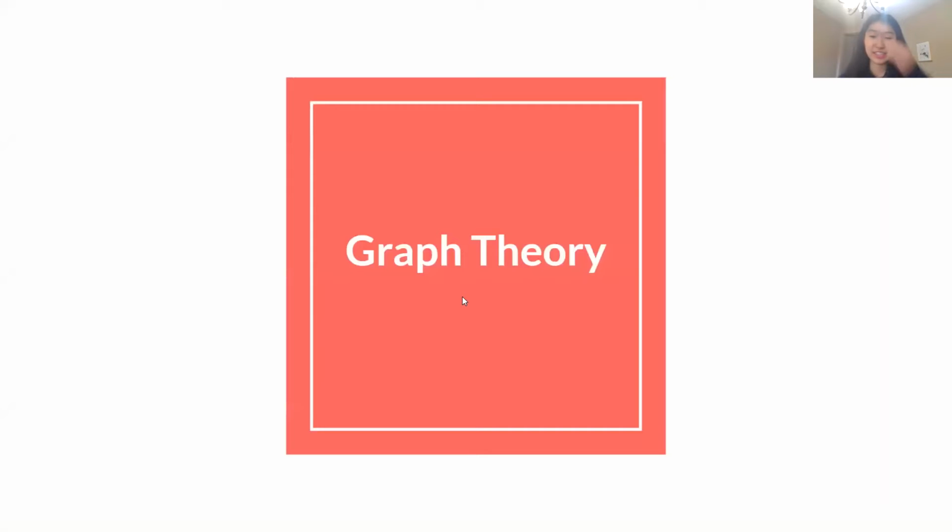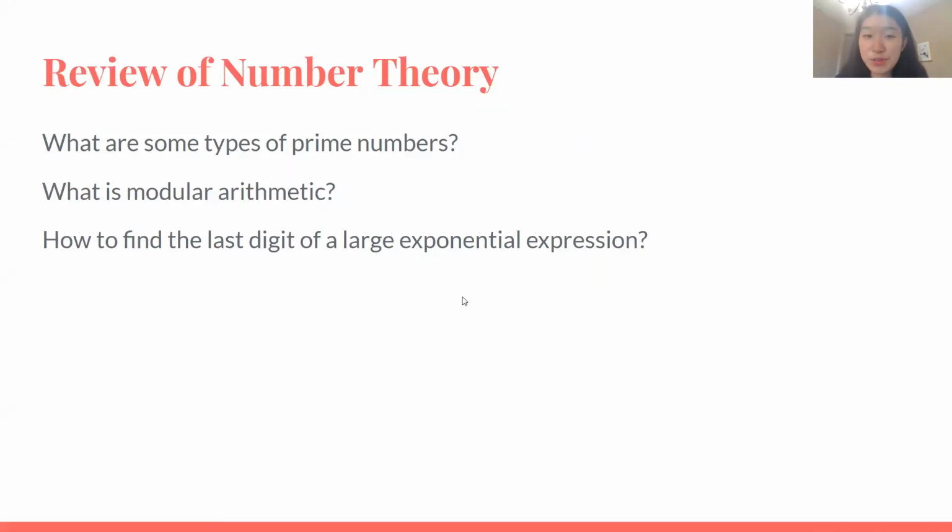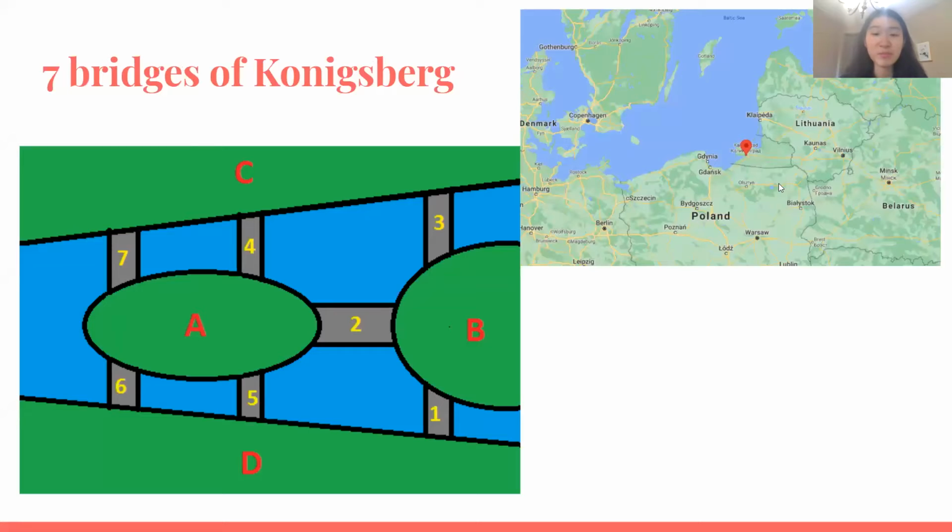...is graph theory. So we will start off with a very famous problem called the 7 Bridges of Königsberg. Königsberg is an old city. It used to be located in Prussia, but that's no longer a thing. What's Prussia?